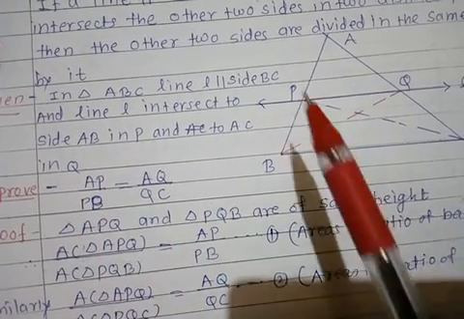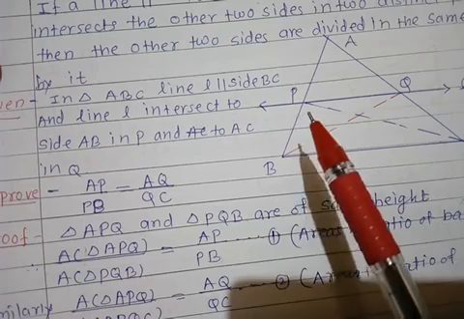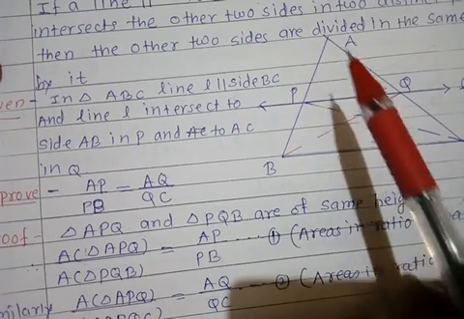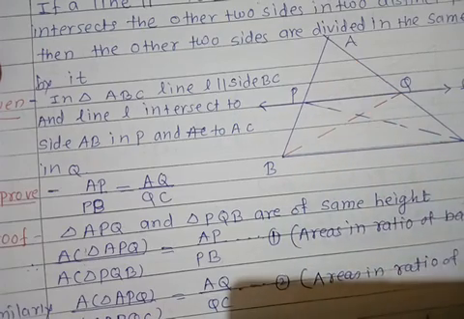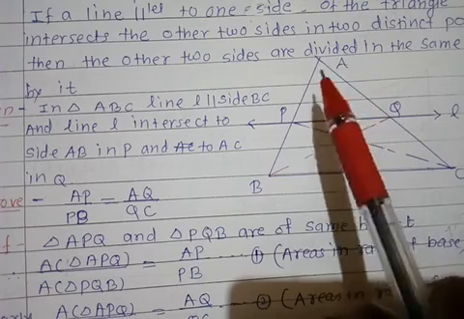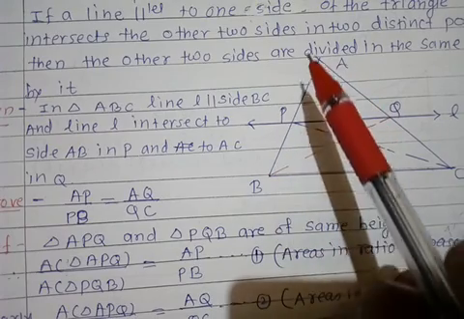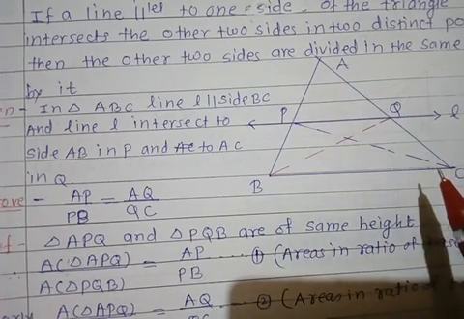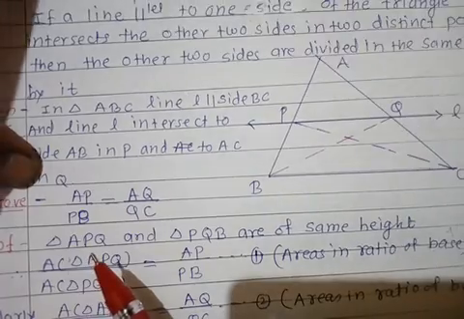What to prove? We have to prove AP divided by PB equals AQ divided by QC. You have to prove this here.